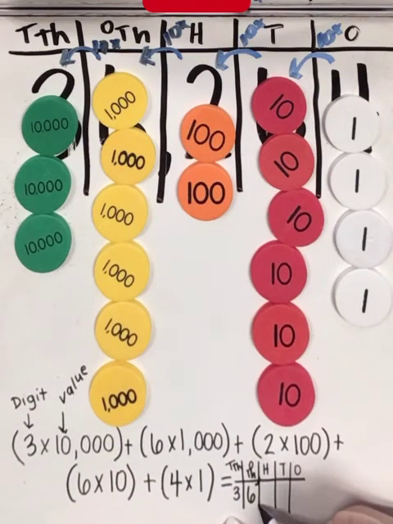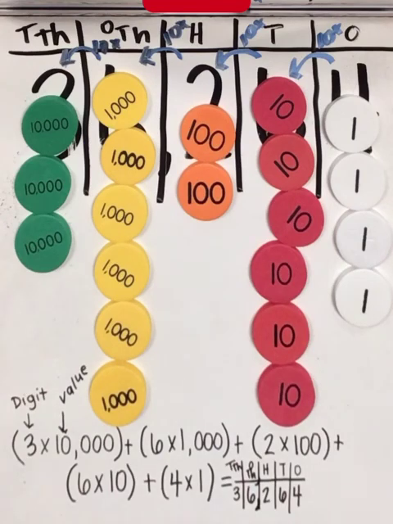I'm now leaving my thousands house, so I know a comma is going to go right there. I have 2 100s, so I'm going to put a 2 in the 100s place. 6 tens, so I'm going to put 6 in my 10 spot. And I have 4 ones. So I get my number 36,264. That's the same number we began with.